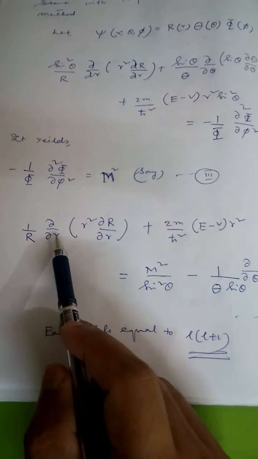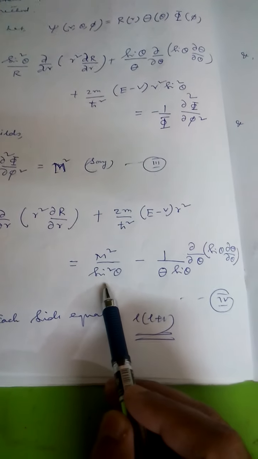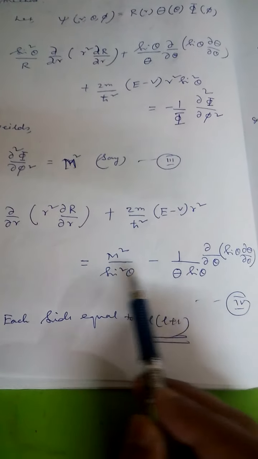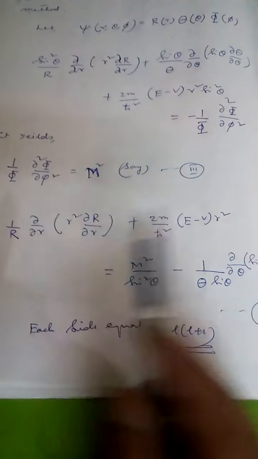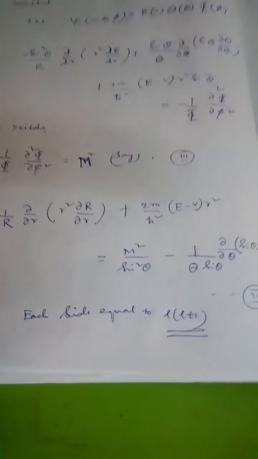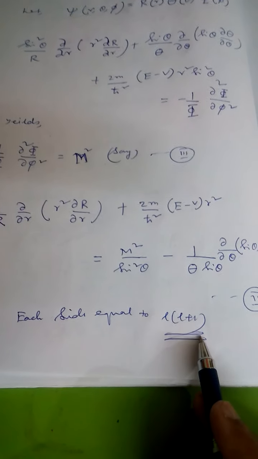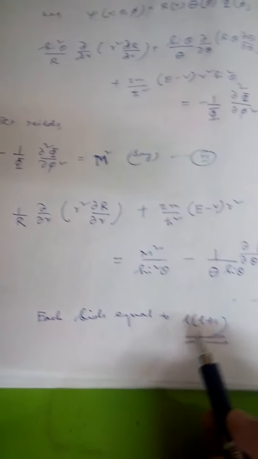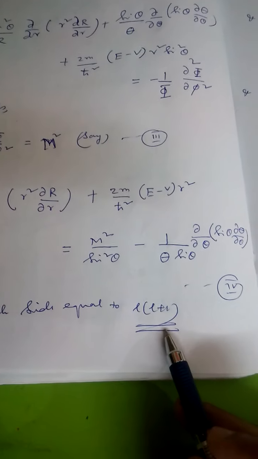Capital R is also a function of small r. So the left hand side is a function of r only, and the right hand side is a function of theta only. So each side should be equal to a new constant. Let it be L(L+1). This is our new constant. So this equals L(L+1).